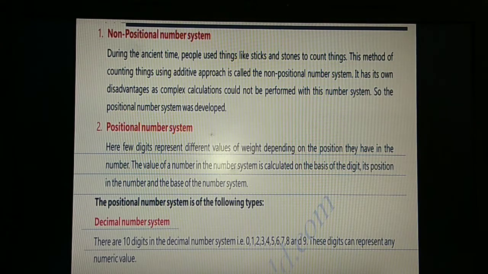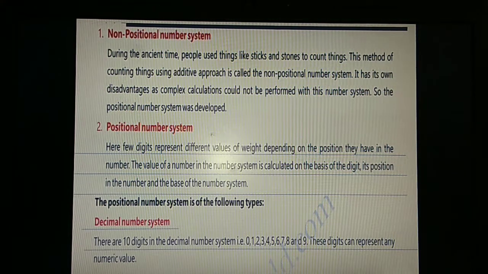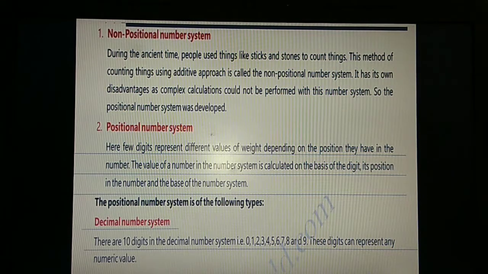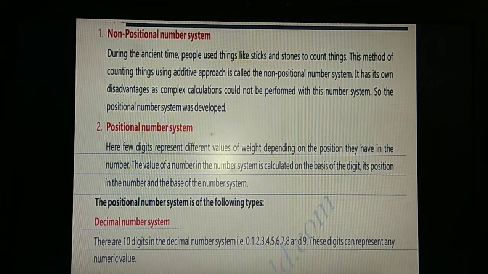So it has several types. Which number system has several types? The positional number system has several types. The first one is the decimal number system. There are 10 digits in the decimal number system, starting from 0 and ending at 9.